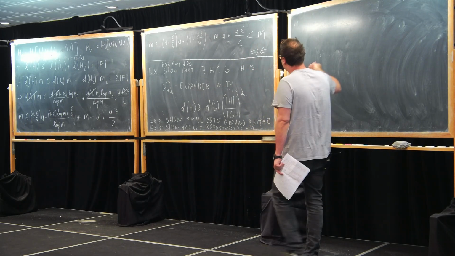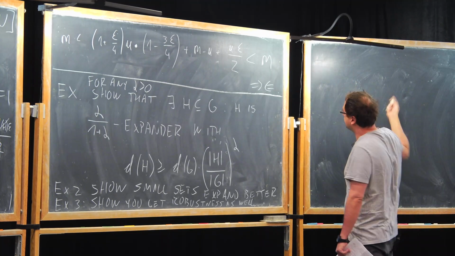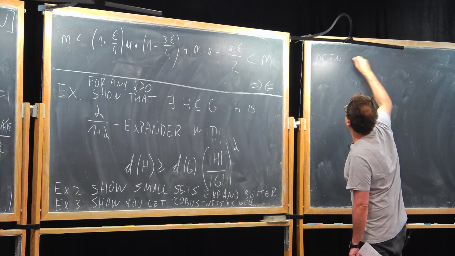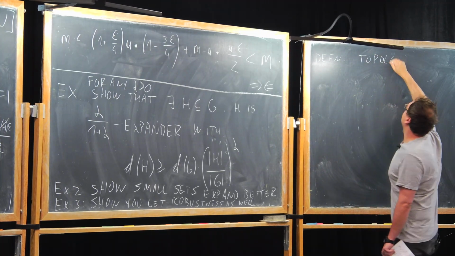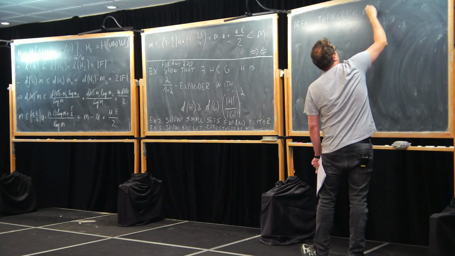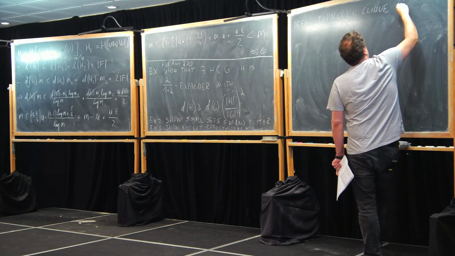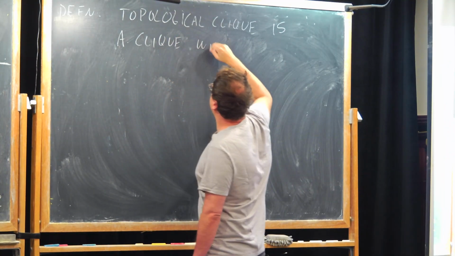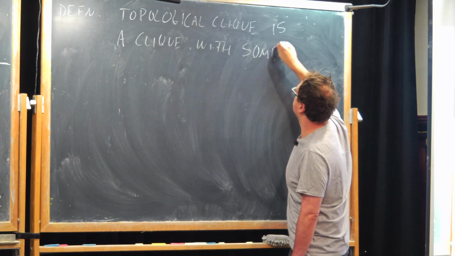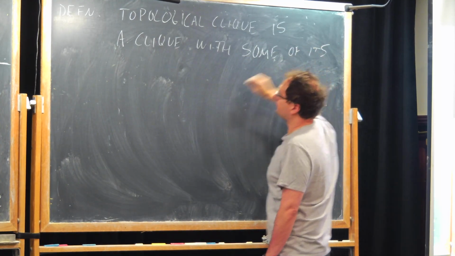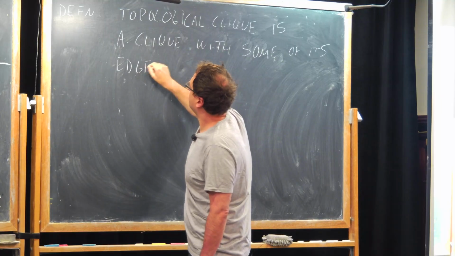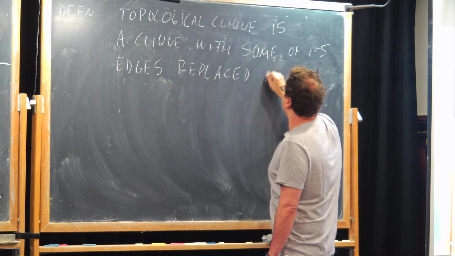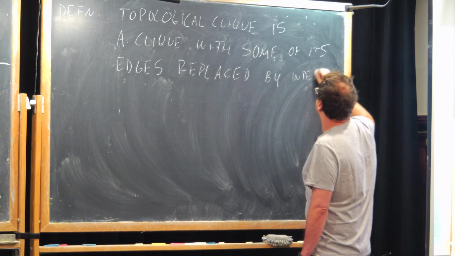But anyway, the problem is concerned with certain sensible objects. So a topological clique, or topological minor of a clique, but I'll abbreviate, is a clique with some of its edges replaced by internally vertex disjoint paths.